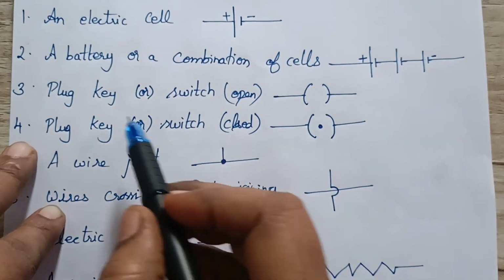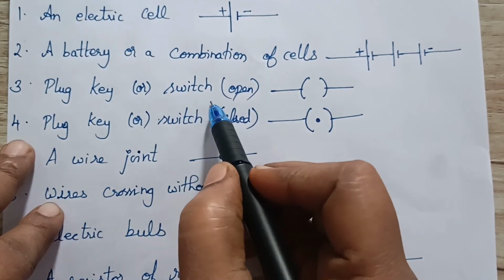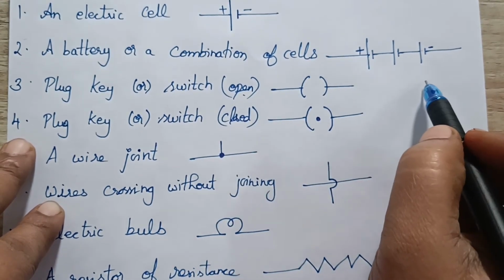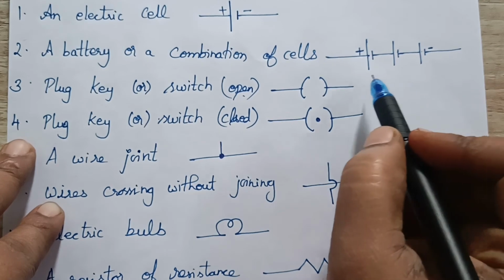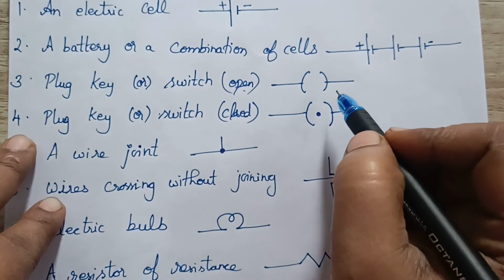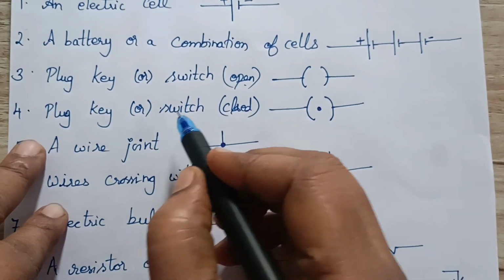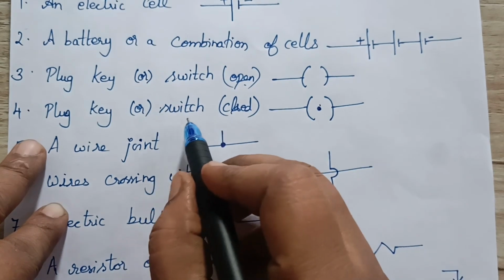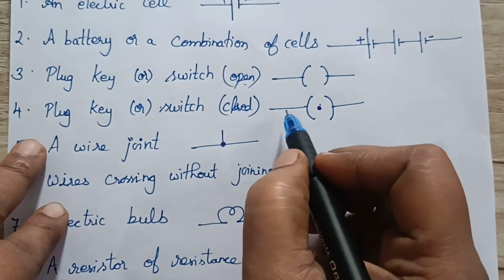Next, a plug key or switch open. Open means that the circuit is an open circuit. There is no flow of current, and it is represented by a simple bracket. When you put the key in, that means the switch is closed.